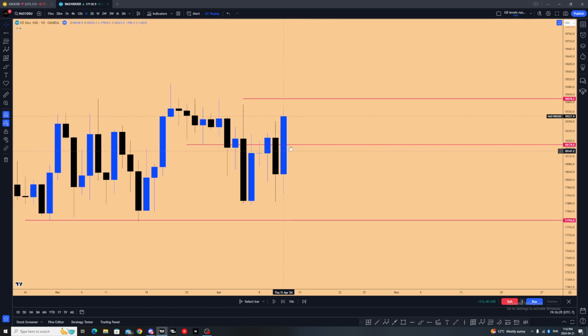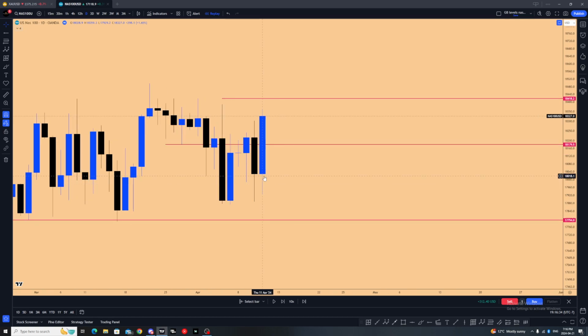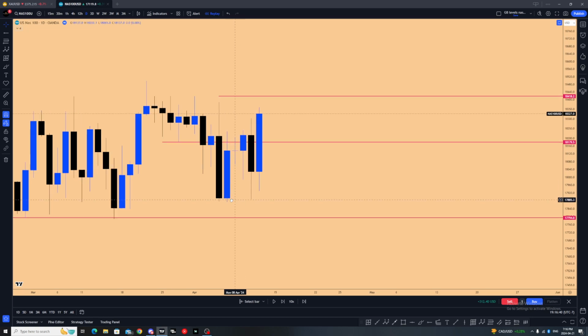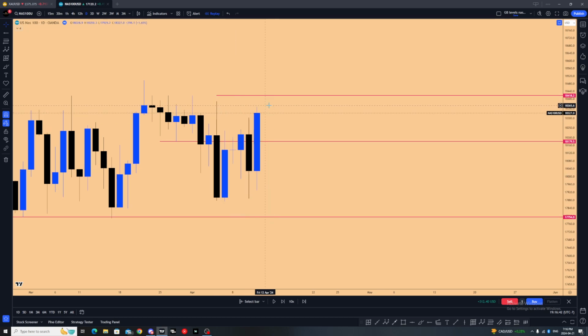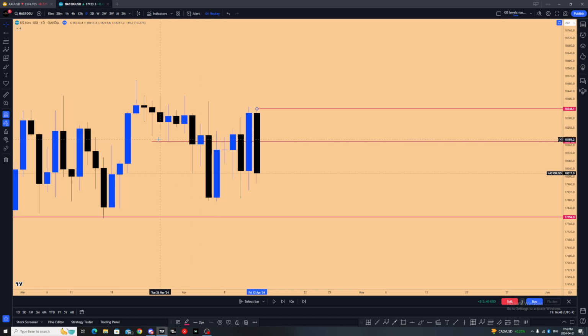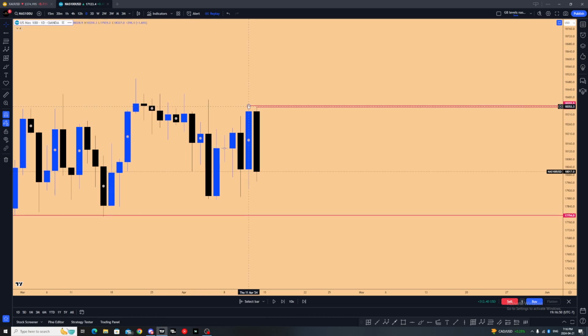So far the signatures were bearish: taking out the highs, going for the lows. Once you take out the low you should be neutral, by the way, but this would have been the draw. It did not tap it. It's instead going for the high. So we'll see what happens after that. Instead, it makes a new inside daily candle over here.